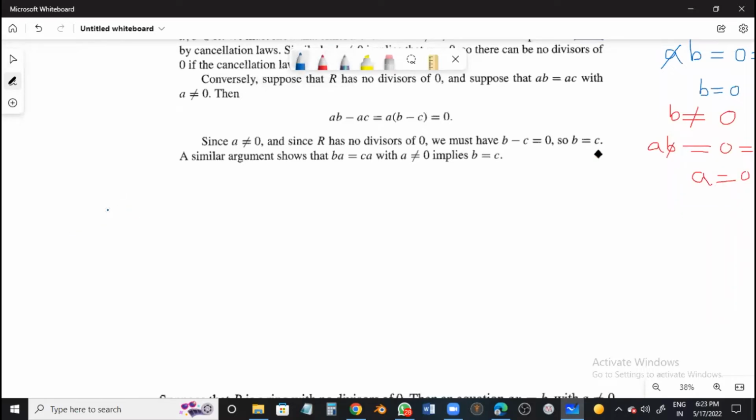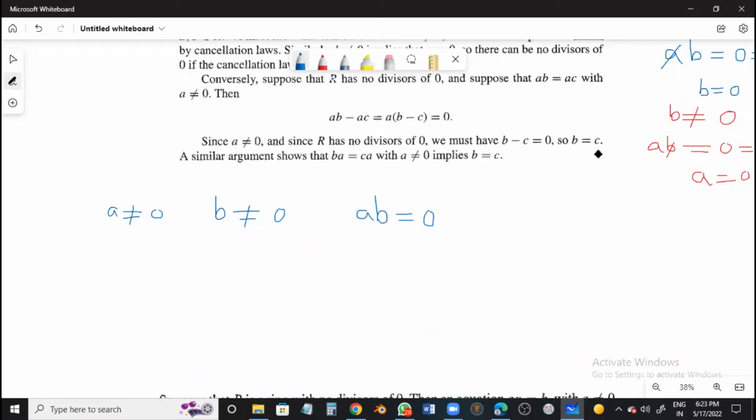See here. Neither A is 0 nor B is 0, but the product AB is 0. What is the meaning of this? A is not 0, B is not 0, still the product AB is 0, means A and B are zero divisors.